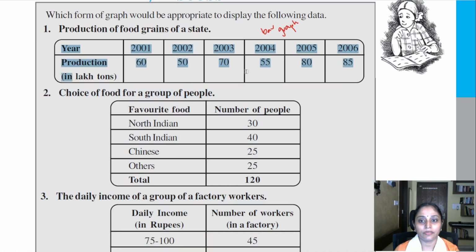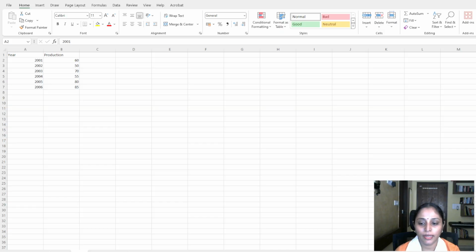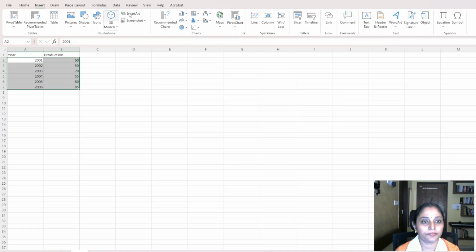So I have this information. I'm going to look at the Excel sheet. So here I have the information. Let us look at the bar graph for this.